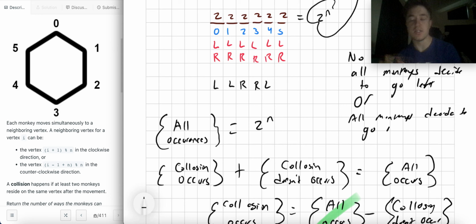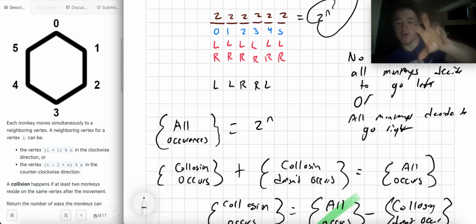So if all the monkeys decide to go left, then there's no collision because all of them just move like this, right? If there's monkeys in all my fingers' positions, they all just move one over and they don't run into each other. If all the monkeys decide to go right, that means they all move like this and they don't run into each other. But if any monkey decides to go a different direction of any other monkey, it's going to cause a collision at some point.